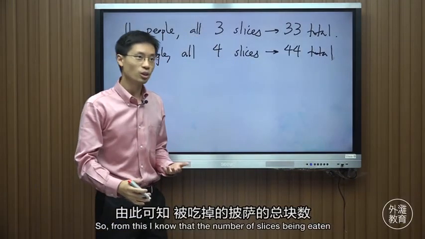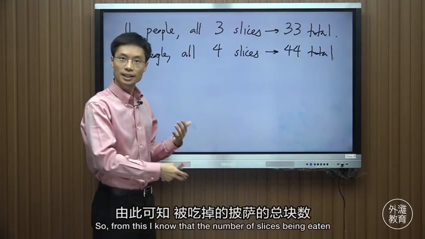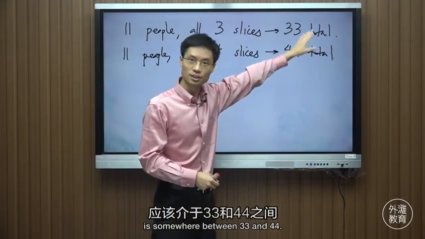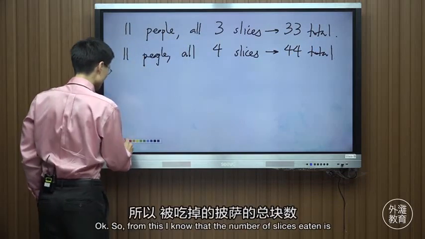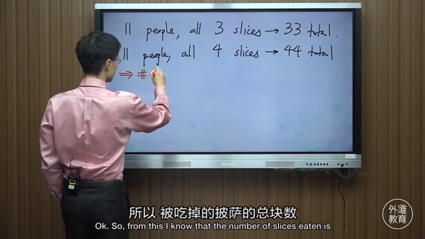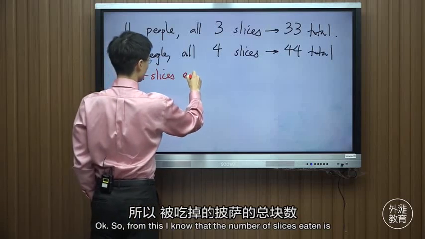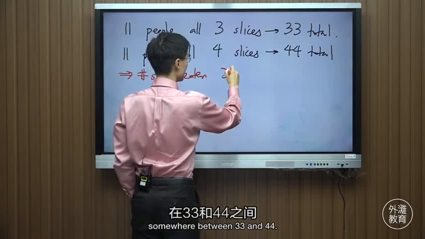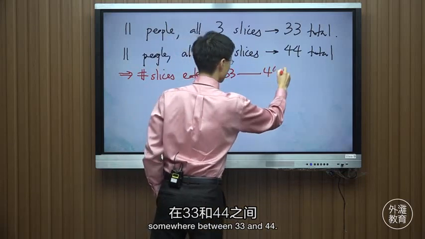So from this, I know that the number of slices being eaten is somewhere between 33 and 44.